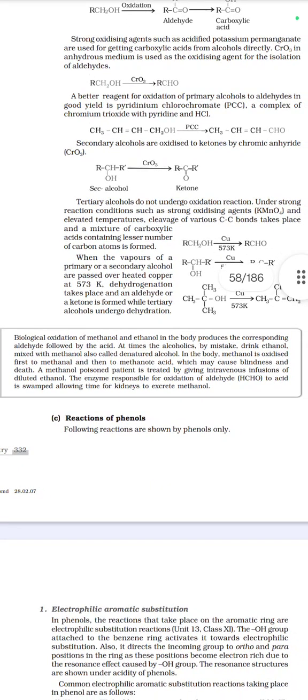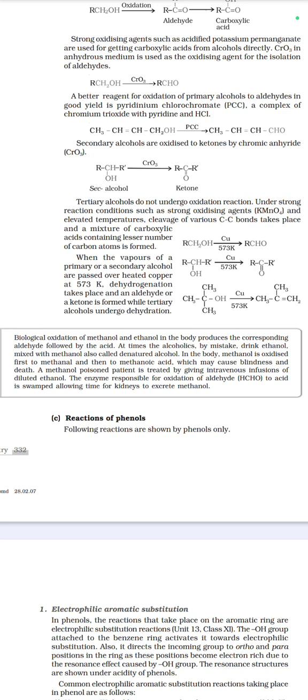Biological oxidation of methanol and ethanol in the body produces the corresponding aldehyde followed by the acid. At times, alcoholics by mistake drink ethanol mixed with methanol, also called denatured alcohol. In the body, methanol is oxidized first to methanal and then to methanoic acid, which may cause blindness and death.